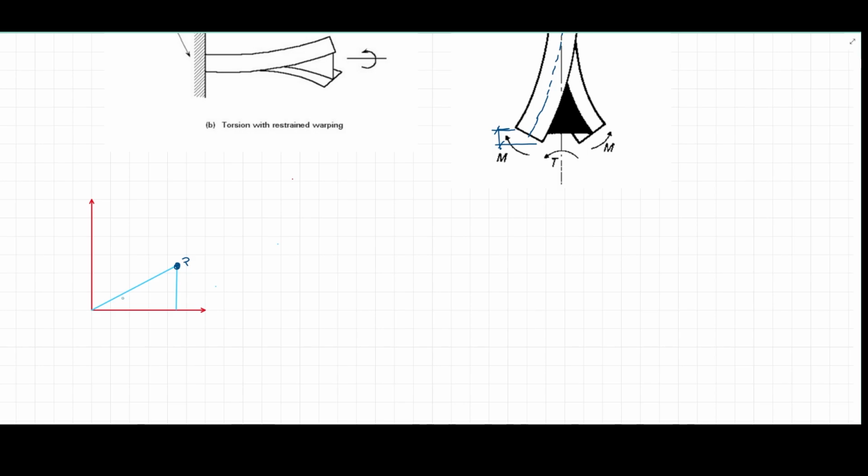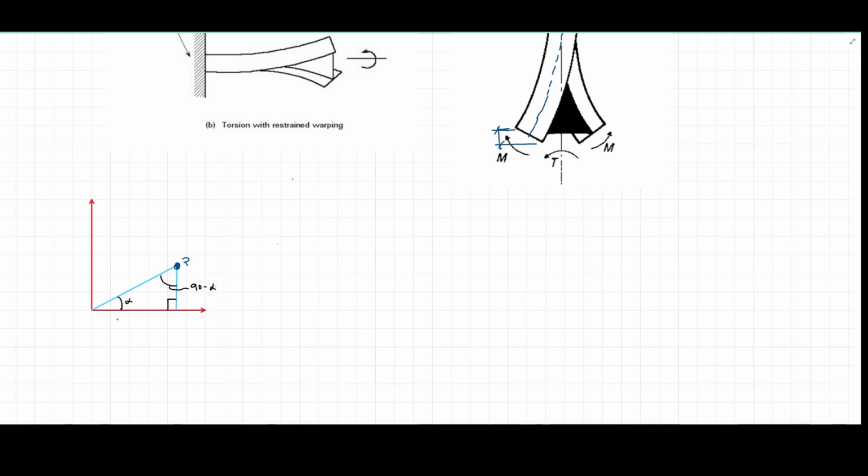I said that this is going to be, let me mark it in black, alpha. I know that this is 90 degrees, and this angle here is going to be 90 minus alpha, because the sum of internal angles of a triangle is 180.